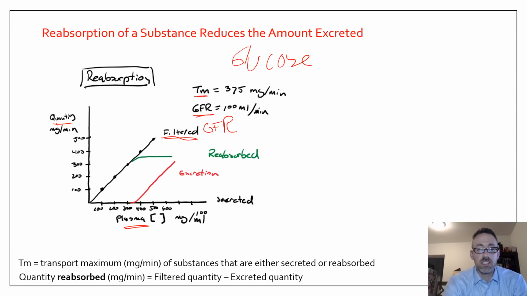TM is the transport maximum, in milligrams per minute. This is of substances that are to be, in this case, reabsorbed, since we're talking about reabsorption. We're not talking about secretion right now. It's the transport maximum to which we can remove that substance from the nephron and put it back into the blood.